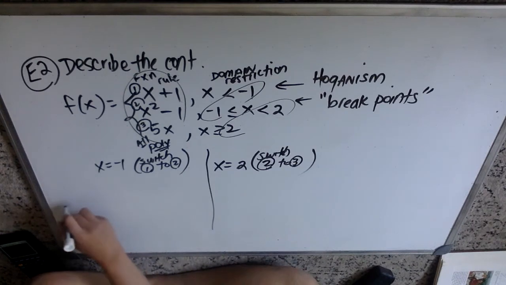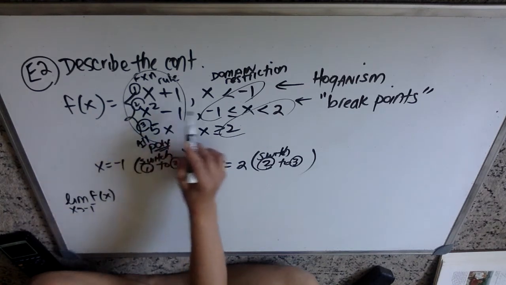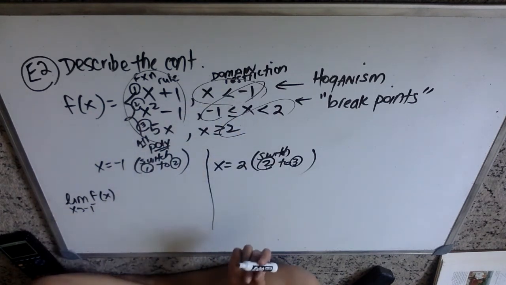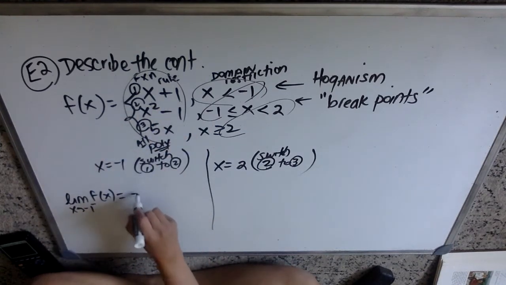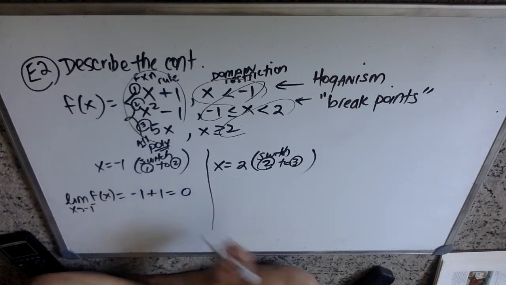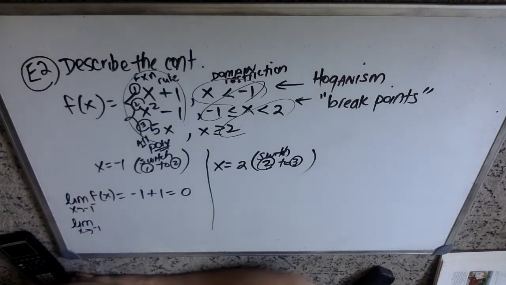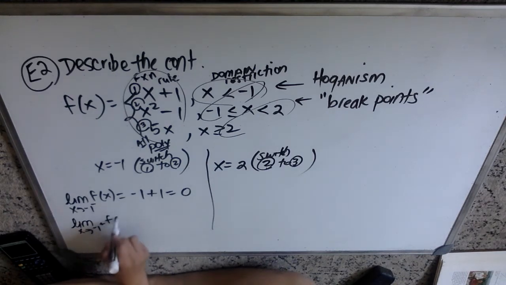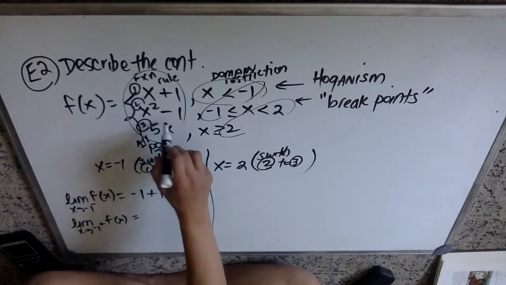So if I want the limit as x approaches -1 from the left of this function, these are the values left of -1. So I would plug into this function and get -1 plus 1, which is 0. If I wanted to approach -1 from the right of this function, I would plug into this function.